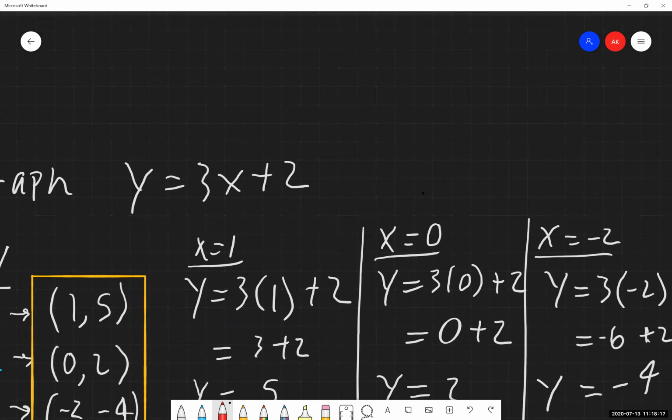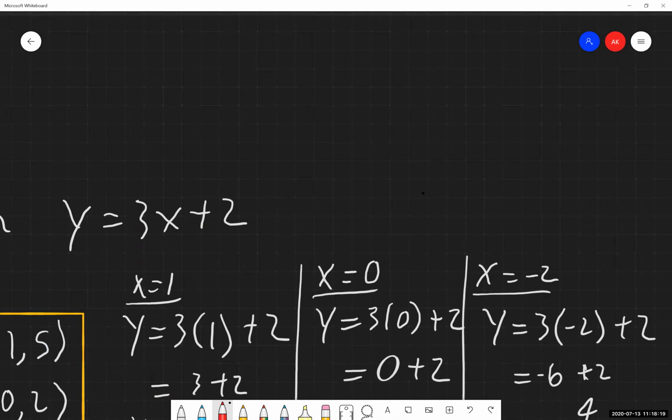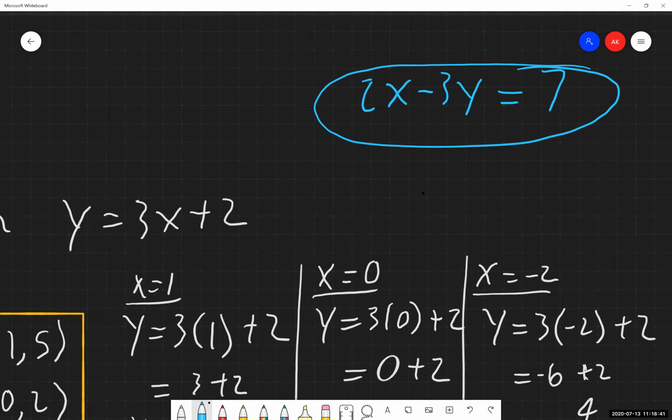We may have instances where we're told to, okay, so we saw a graph y equals 3x plus 2. We might have something where we're given an equation in the form, maybe it's 2x minus 3y equals 7. And we're told to plot this equation that we have up here.